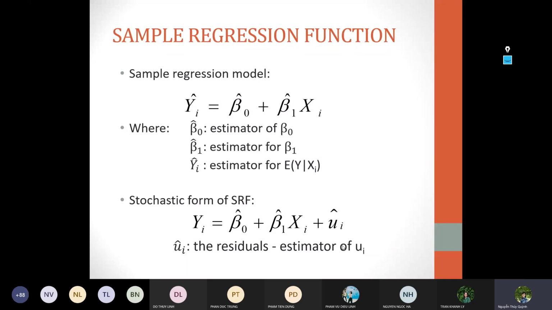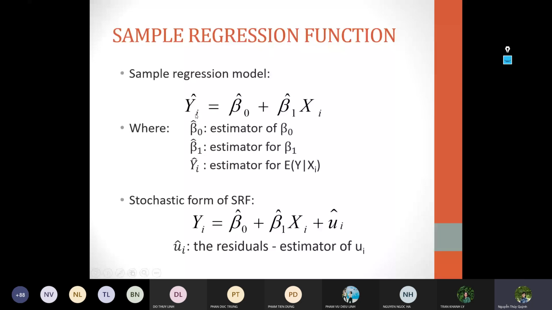So in the case we only obtain sample data, we can only construct, or identify, the sample regression function. This one is called the sample regression function.